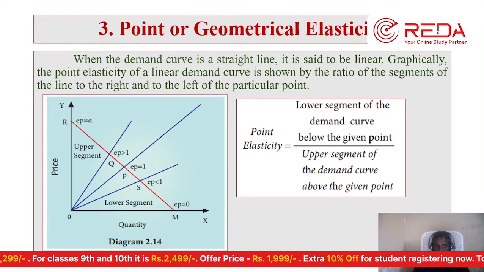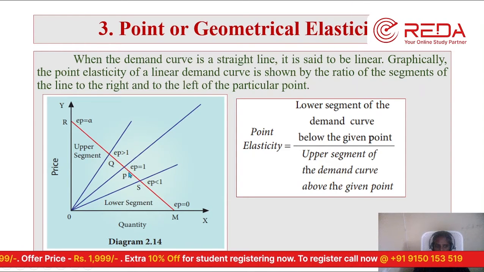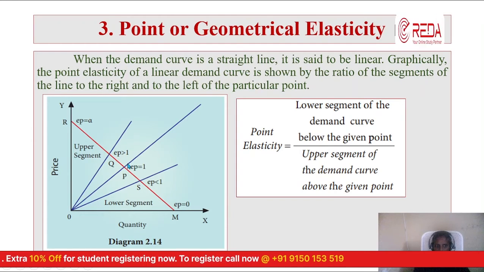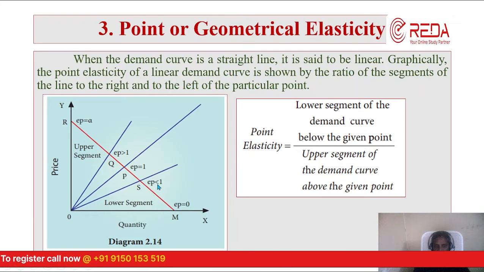That's why EP is greater than 1. And the other situation, the second straight line which lies below the unitary point, the central point, has EP lesser than 1.